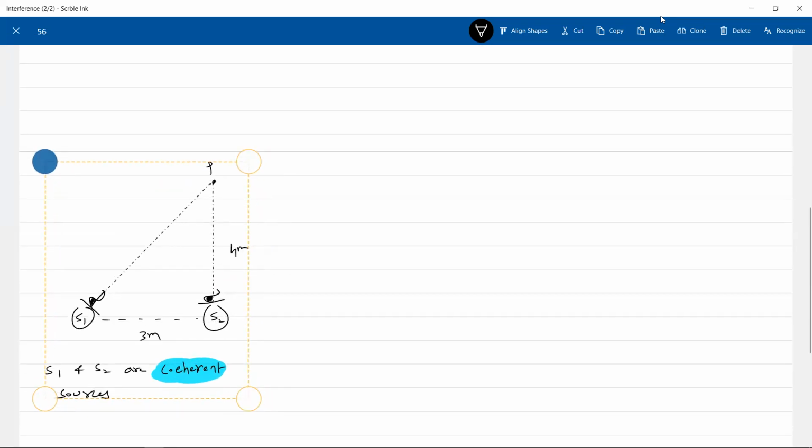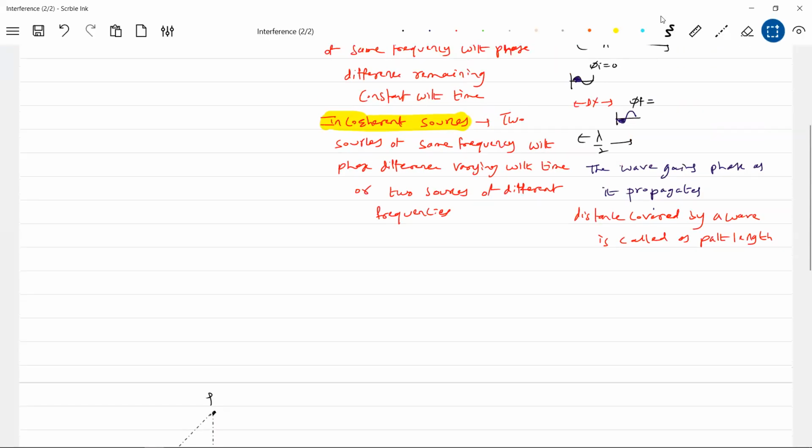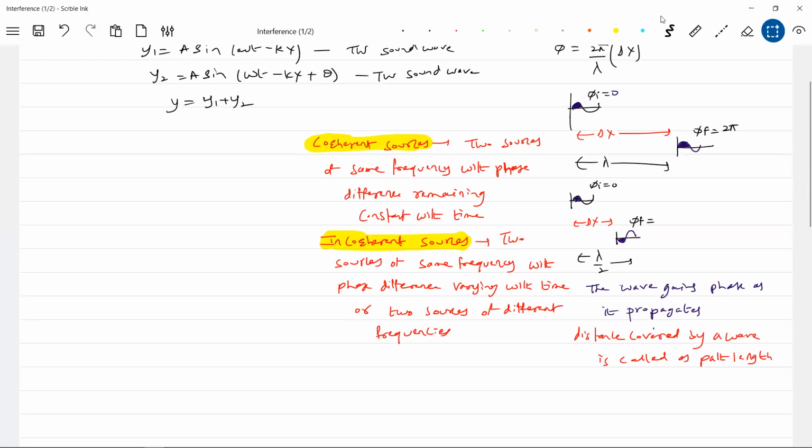Just wait, let me adjust it. Let's compose it. So let me show what we mean by coherent and incoherent. Let me represent it graphically like this. This is the source one.